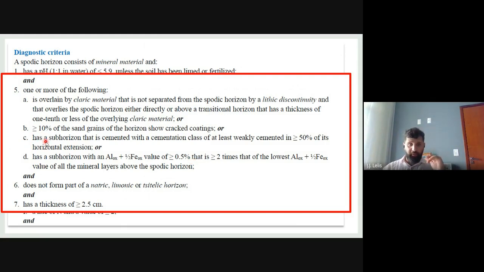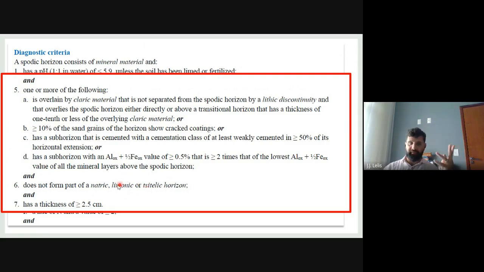This spodic horizon does not form a natric, limnic, or a tesalic horizon. These horizons we will talk about in the next classes, but they are related also to materials that possess a sandy texture or a high content of organic materials.